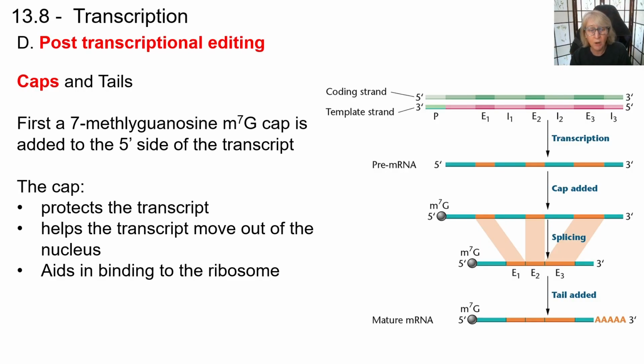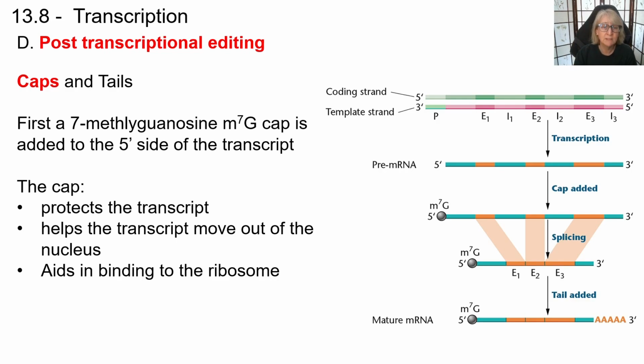At the end process, and it depends on your gene, you need to prep it to leave the nucleus and to go through its next couple steps before it is actually read by the ribosome. One of the ways you do that, you start out by adding a cap.